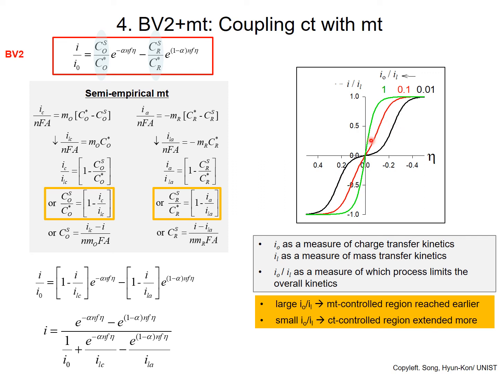However, if the exchange current is very much higher than the limiting current, then you can observe only the linear region of the Butler-Volmer equation, then go to the mass transfer limited situation. This equation is the more generalized version of the Butler-Volmer equation by incorporating the mass transfer effect into the charge transfer controlled situations. That's it for chapter 3C about the charge transfer limited systems.